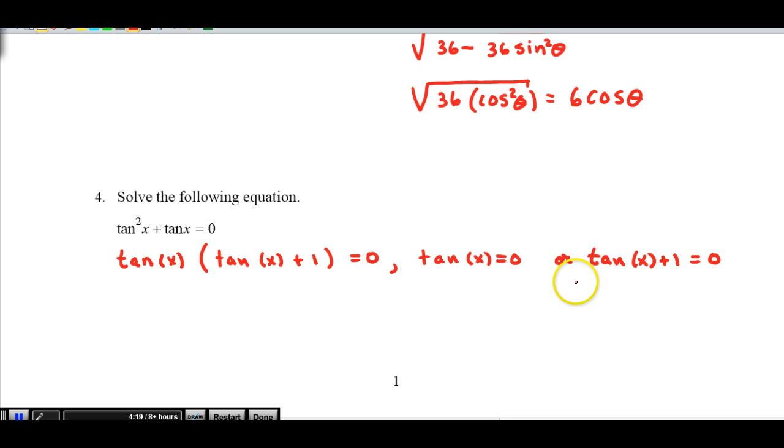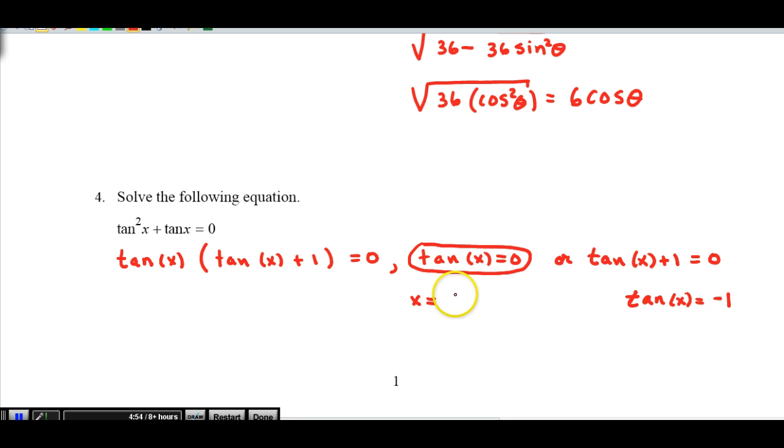And in this case, we need to find out what x equals by looking at the coordinate plane. We need to find out what our angle is when the tangent of x is equal to negative 1. This equation here asks us when is the tangent 0.